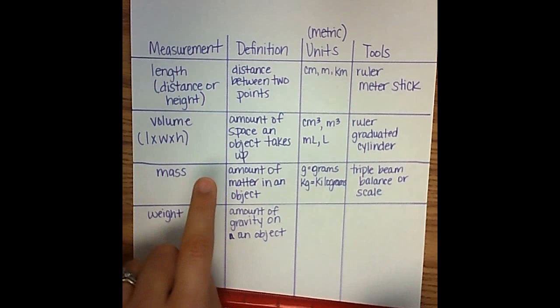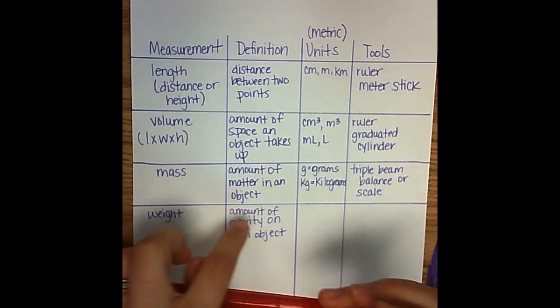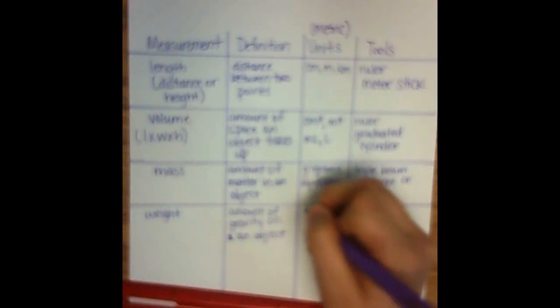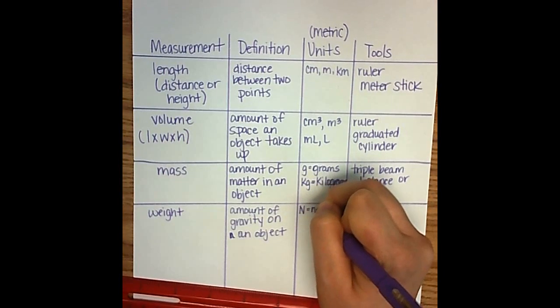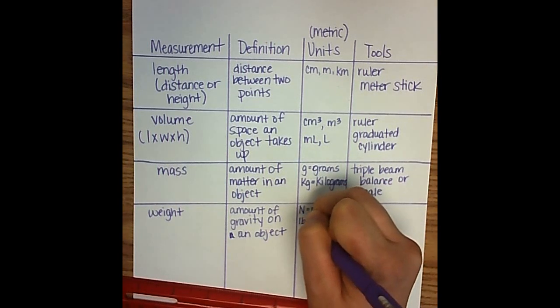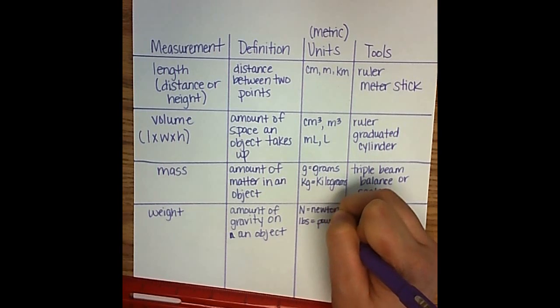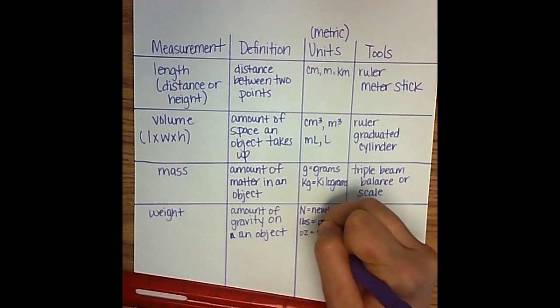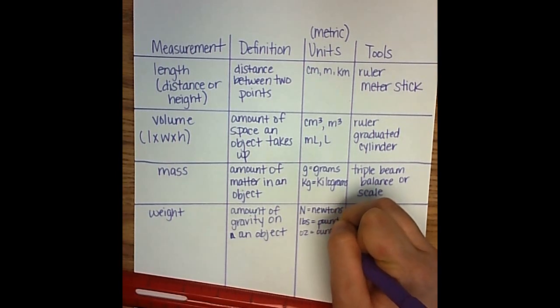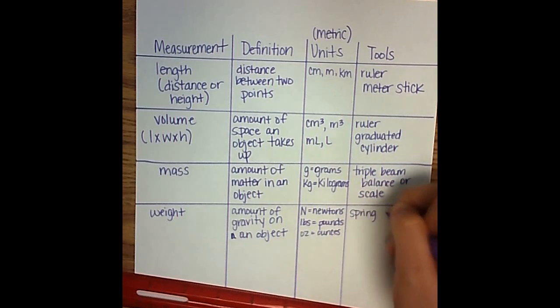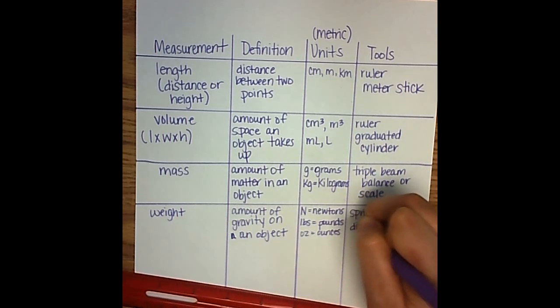So mass is the amount of matter in an object, and weight is the amount of gravity pulling on that matter. Okay, because gravity pulls. So sometimes we use newtons, but we will use pounds. It's not metric, but we will use it, or ounces in this case. Okay. Alright, so we use a spring scale or a digital scale.